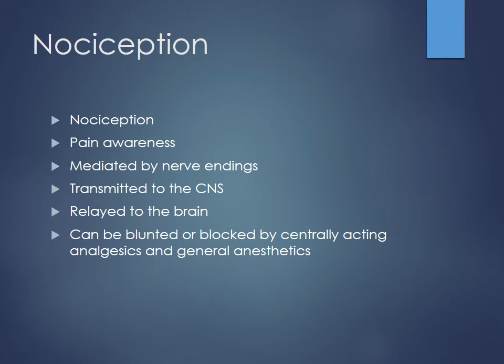So we can blunt that response. We can activate your opioid receptors, which work a lot in the spinal column and also centrally in the brain. We can have analgesics like acetaminophen or NSAIDs that block the inflammatory properties seen with that. But we can also have local anesthetics that work specifically and very locally in order to deaden that response to pain. And so we're going to look at some ways we can do that with some of our drugs here.